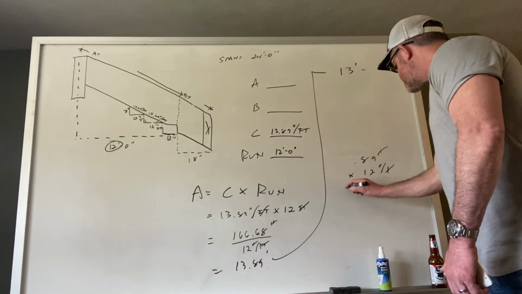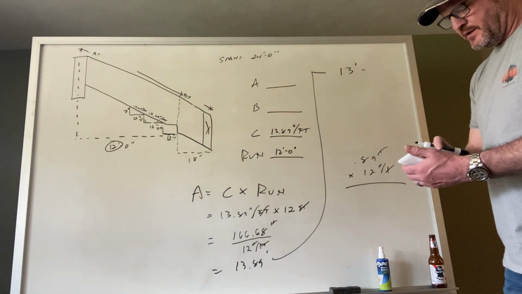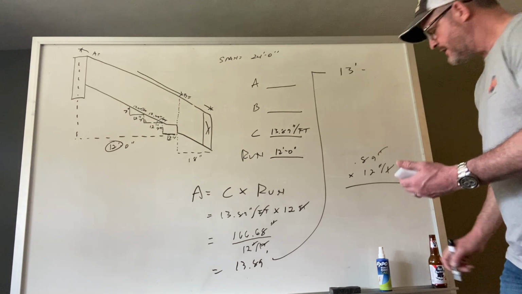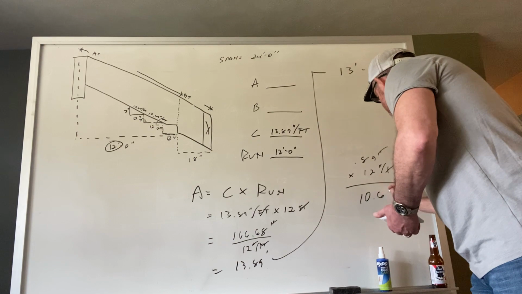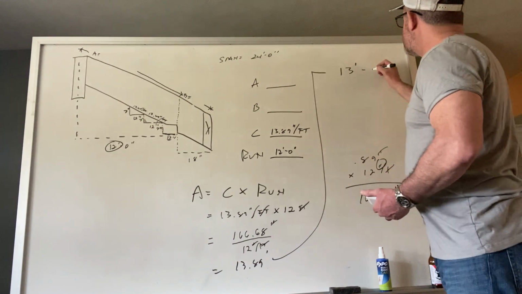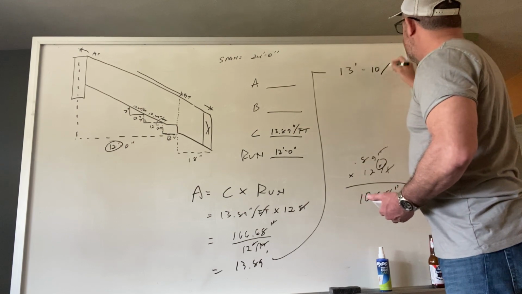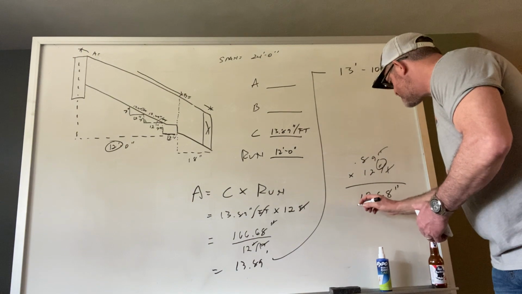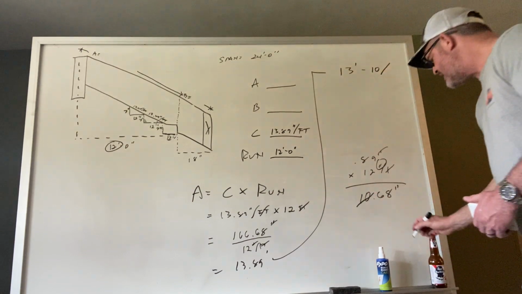Now my feet cancel. So 0.89 times 12 gives me 10.68 what? Inches. 10.68 inches. So 13 feet, 10, and because we are Americans, I want it in fractions of an inch. So now my 0.68 times what?